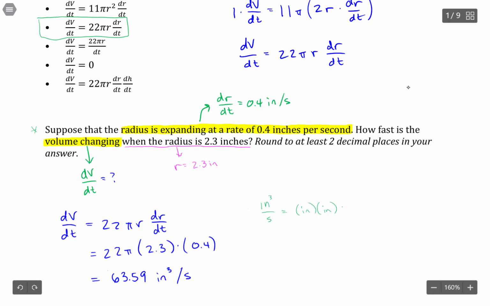But if we multiply that by dr/dt, which measures in inches per second, look what happens. Inches times inches times inches, that's cubic inches. And we still have per second. So the way that the measurements work out passes that test there. So at least the units match up, and we can be a little bit more confident that the answer is correct with that respect.